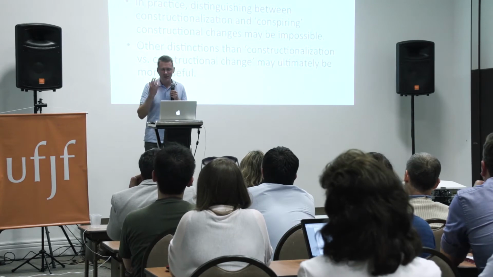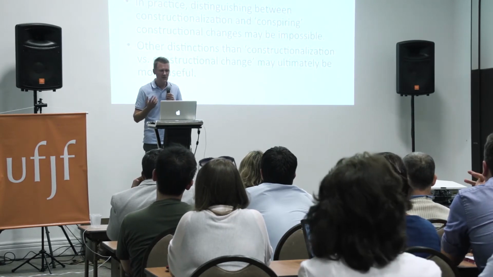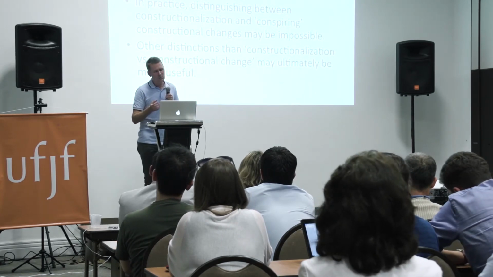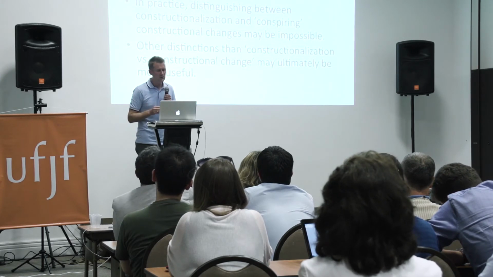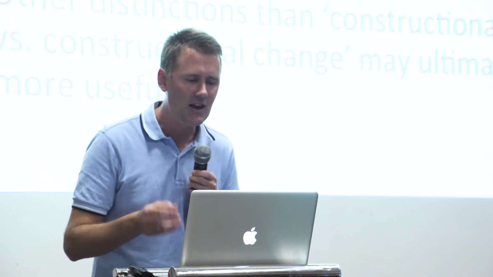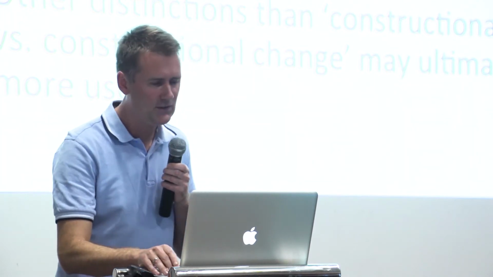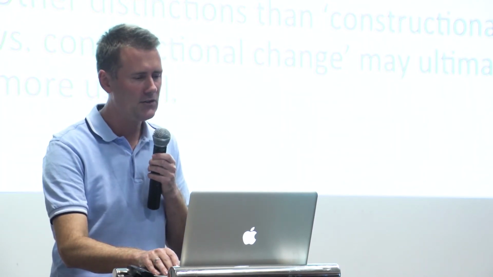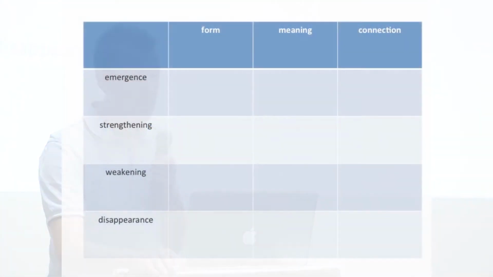Alternatively, what I would like to propose is that we'll have other distinctions than constructionalization versus constructional change that may actually help us describe what's going on in a constructional network. And here's a table of categories that I think would be up for the job.